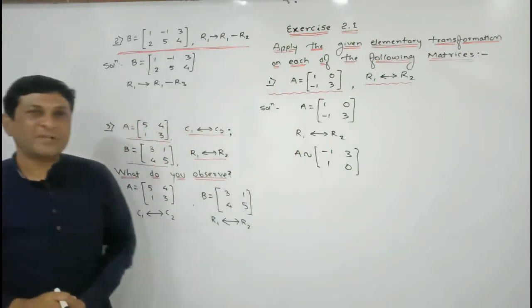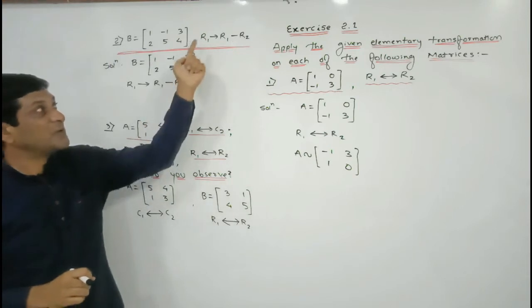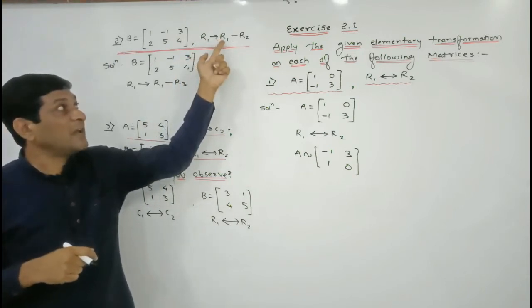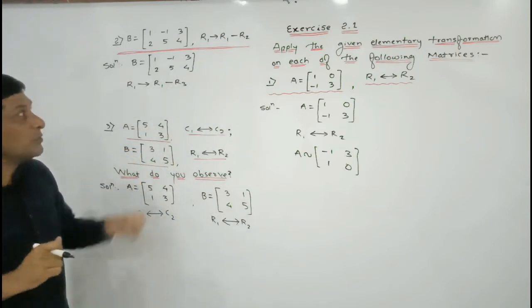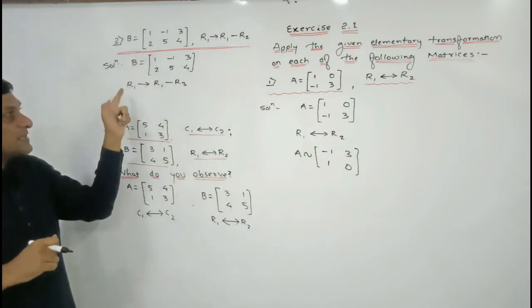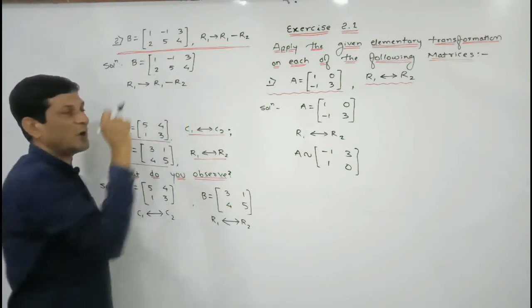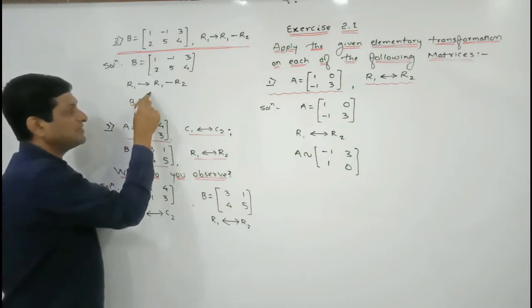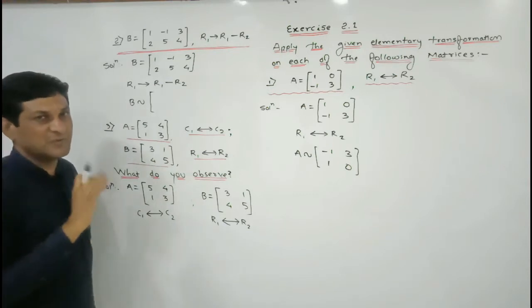Now observe the example number second. In this second example, matrix B is given to us and we have to perform operation on R1. And what is the operation on R1? R1 minus R2. Means from R1 we have to subtract R2. So consider the given matrix and we are performing this operation, that from R1 we are subtracting R2. So we will get new matrix. Let us denote it by this notation. Already we have seen that this notation can be read as equivalent.